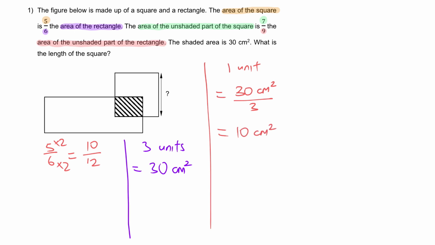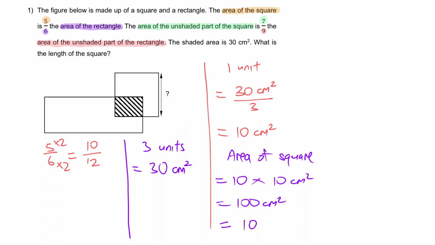And given that the area of the square is 10 units in total, therefore the area of the square will be 10 times 10. Finally, in order to figure out the length, there are only 2 similar numbers when you multiply them together to give you 100, and we all know that it is 10.